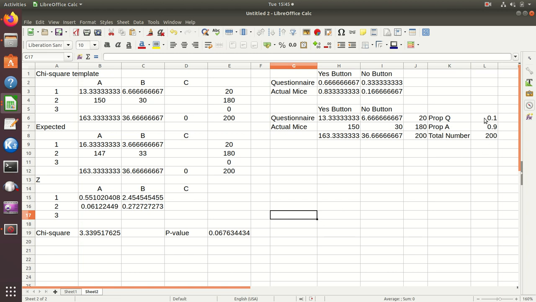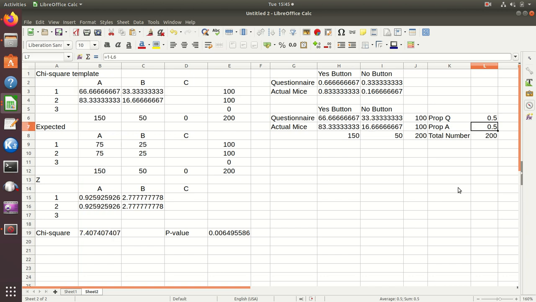But the interesting thing is, I think if we go here to 0.5, so 50% each, all of a sudden our p-value drops drastically by a factor of 10, and we're at 0.6% or 0.006. So we're well below the 0.05 range there.